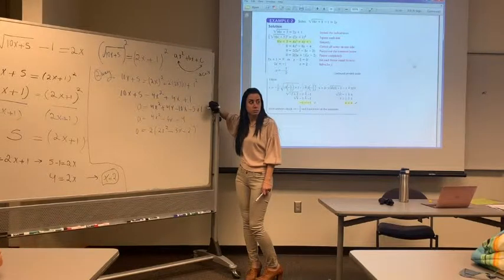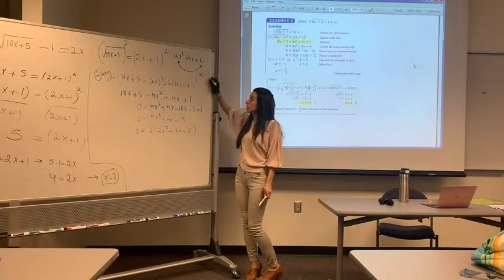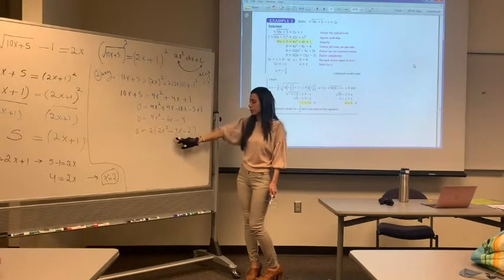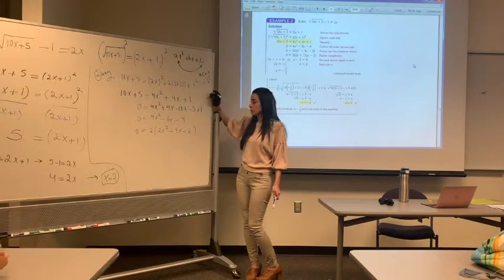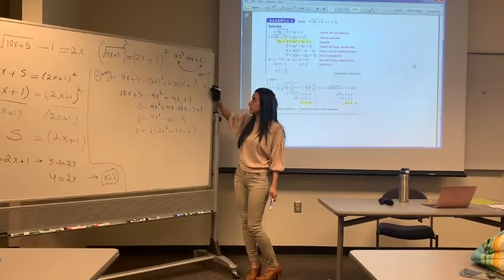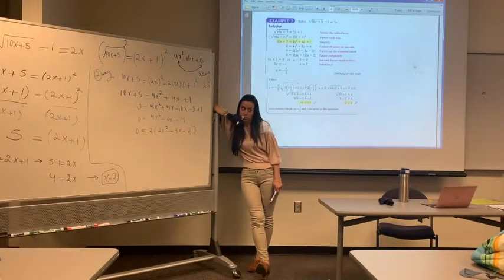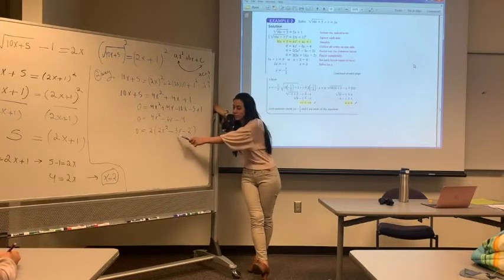Negative 4 is negative 1 multiplied by 4, for example, because we are going to reach this one if we add them. Or we can say negative 4 multiplied by 1, then 2 times 2, if you add them or subtract them, you don't get 3x.